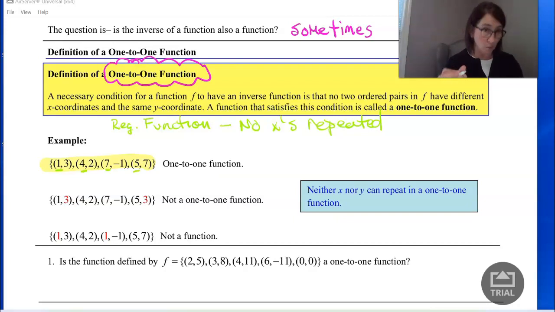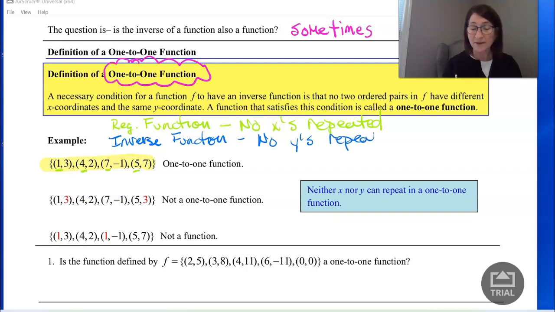Then for a one-to-one function, the inverse needs to be a function. And so if the inverse is going to be a function, then that means no y's are repeated in the original ordered pairs. So let's look at that. 3, 2, -1, 7. So because the x's are not repeated and the y's are not repeated, that makes this a one-to-one function.